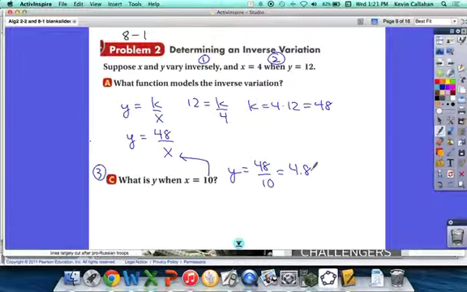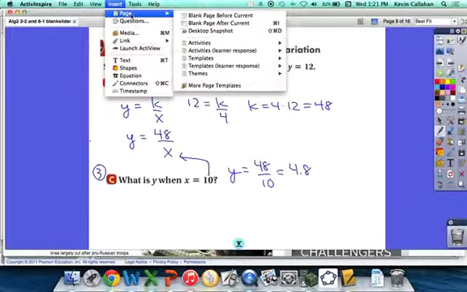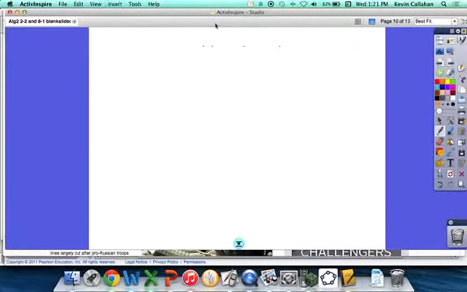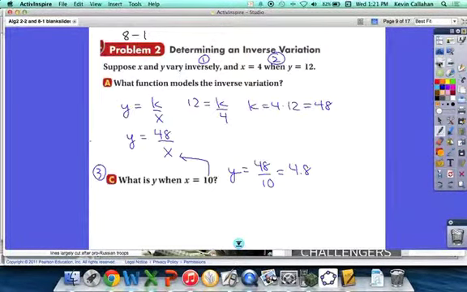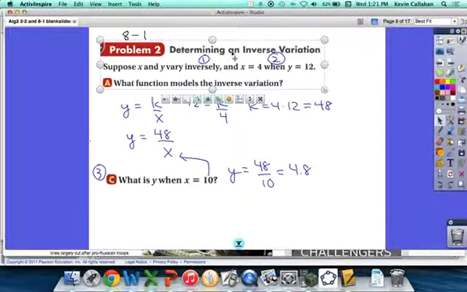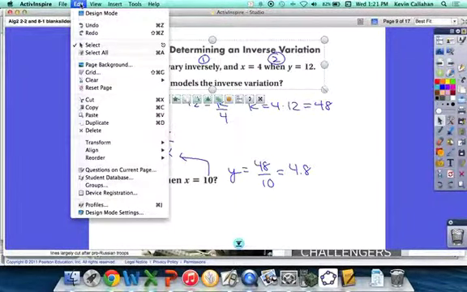Now, again, I could have done that differently. I could have done a similar thing to what we did when we solved with the proportion.